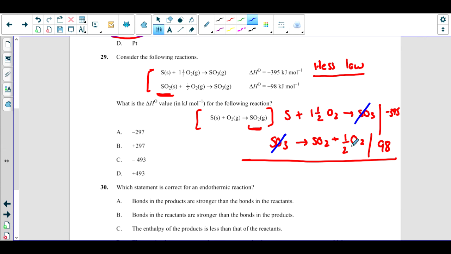This is 1.5, this is half. So when you solve it, how much will be left? 1, because here it is on the reactant side and here it is on the product side. So 1.5 minus half will be 1. And what is left here? SO2 is left. So the correct answer in this case is, when you solve them, negative 297.